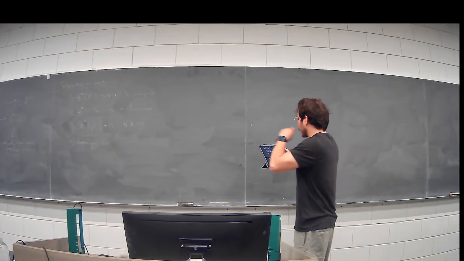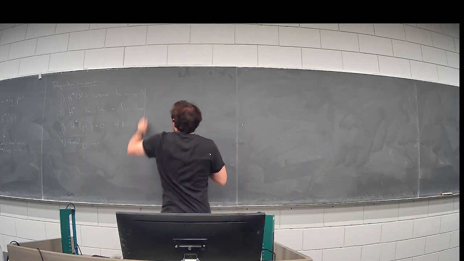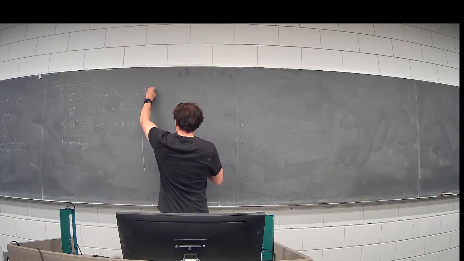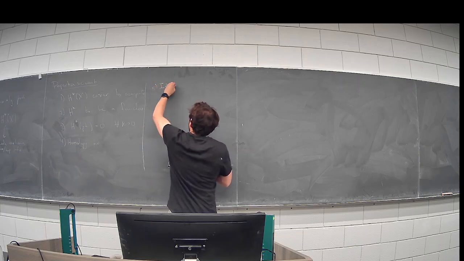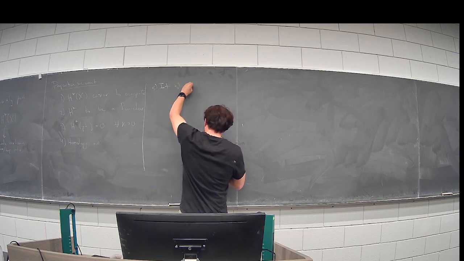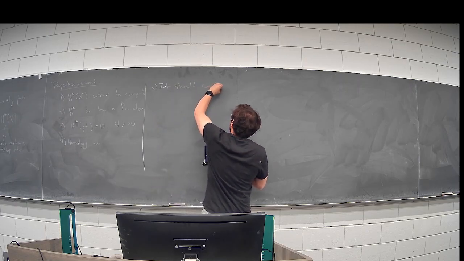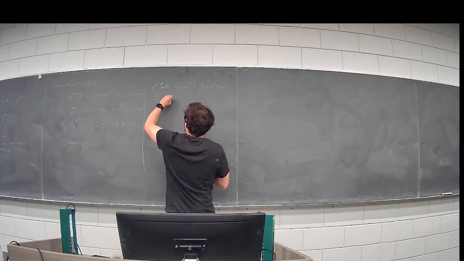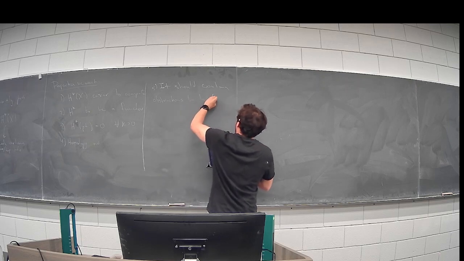So the way I'll write this, let me put it here. Properties you want, and I'll put a fifth property. It should contain obstructions to topological or geometric properties.